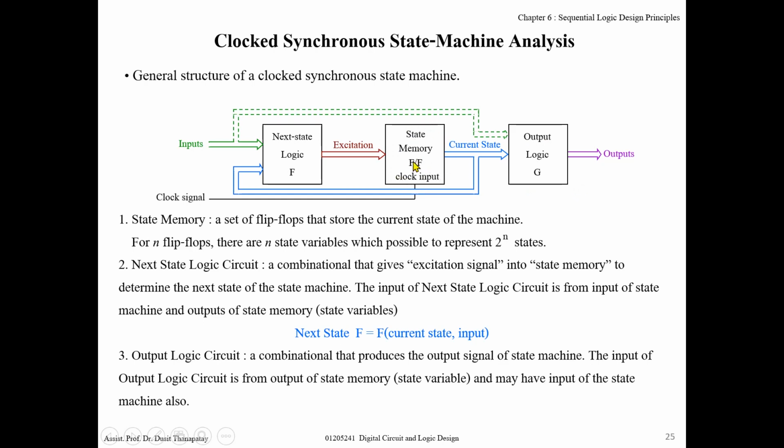In this case, we use D flip-flop, and next state logic F and output logic G. The signal from circuit F applied to flip-flop is called excitation signal, and the output of flip-flop we treat as state of the circuit.